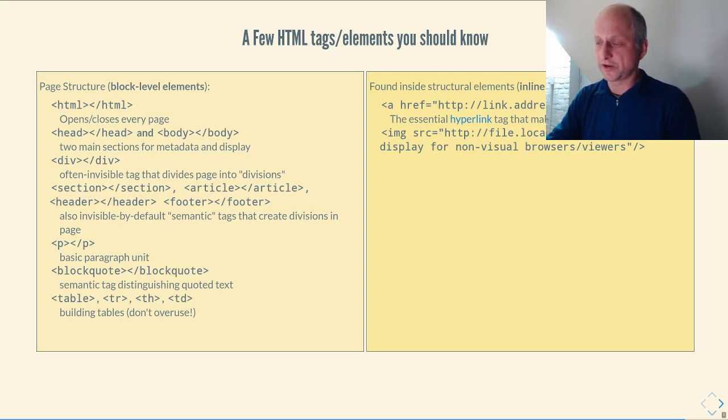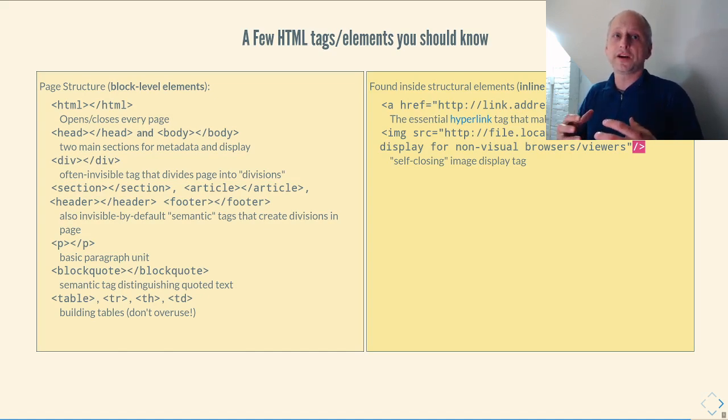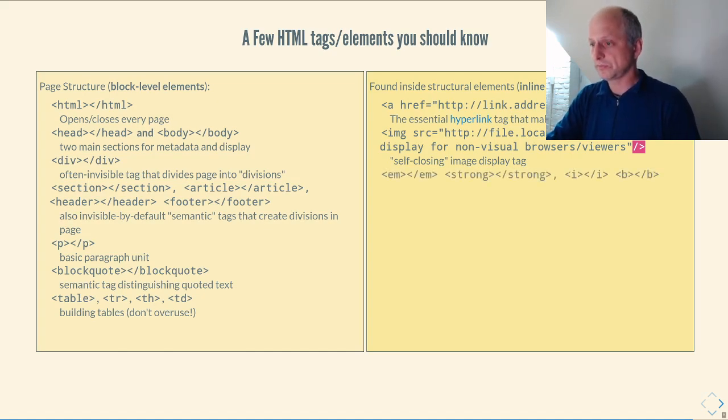I've also displayed here the essential alt text, which is the text that you will need to display for non-visual browsers. And the thing to notice perhaps about the image tag is that it is self-closing. It doesn't have any content, and instead the opening tag and the closing tag have been smushed together. And that makes sense if you think about it, because the content is actually the source. So it has nothing inside it.